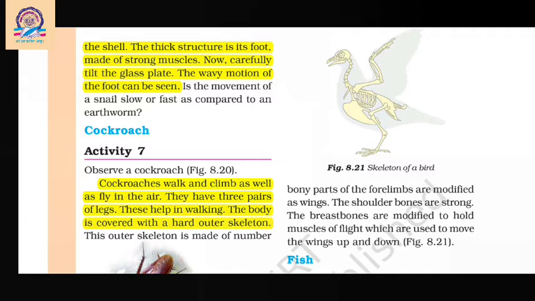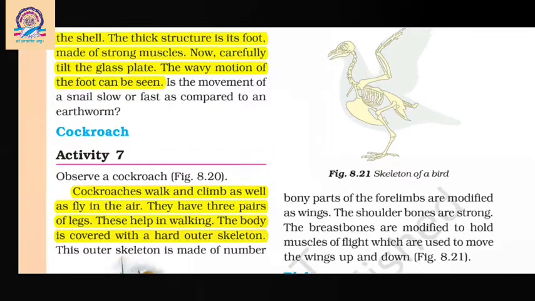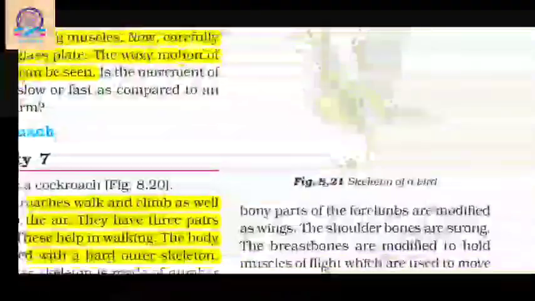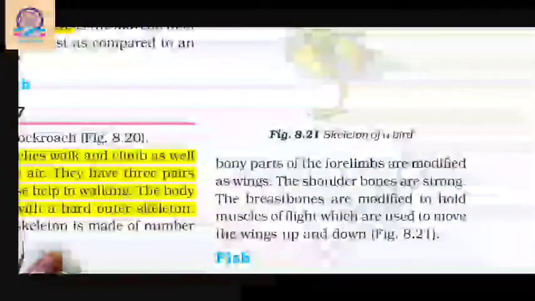Then the shoulder bones are strong. Okay, they have shoulders and their shoulder bones are very strong. Then they have breast bones. Okay, as you can see here, the large bone present at the chest is modified to hold the muscles.